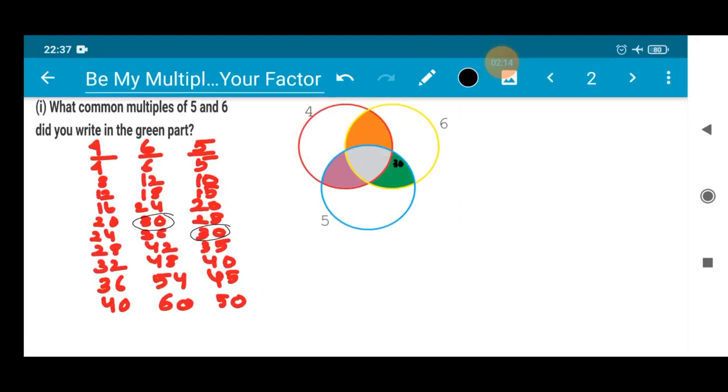No, only 30 is there, right? If we go further, you may find other common multiples, but we have only taken till the 10th multiple. That is why we are writing only till 30.